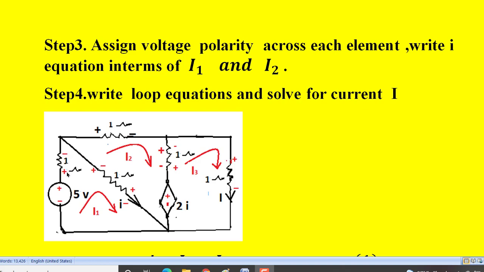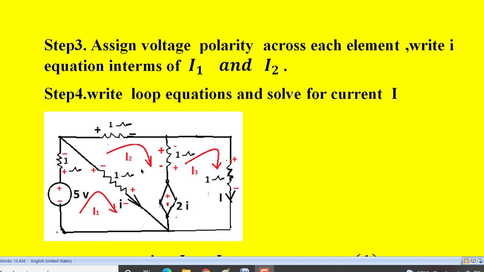This is the voltage polarity for the 1 ohm resistor, and it will become a voltage drop. Similarly, when it comes here, current enters the 1 ohm resistor, so we put positive here and negative here. So in the first loop we have covered 3 elements.